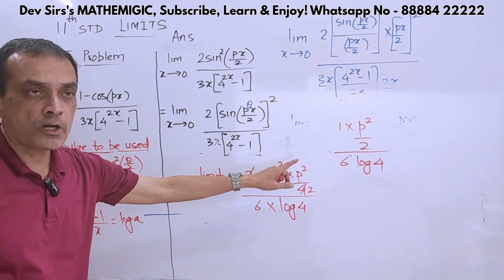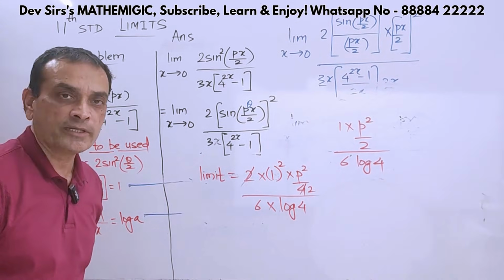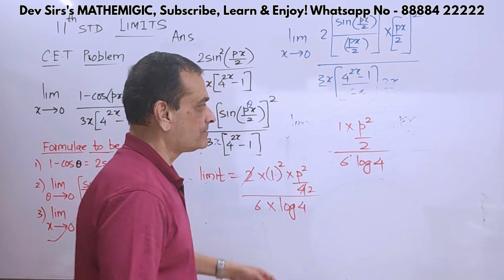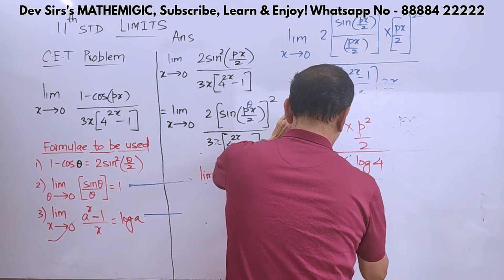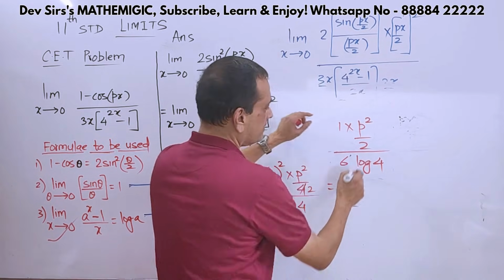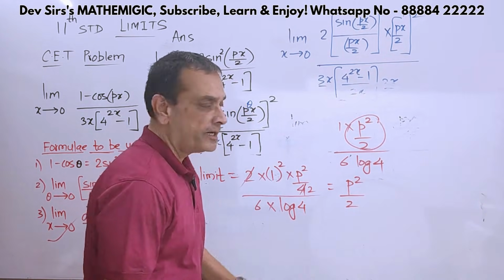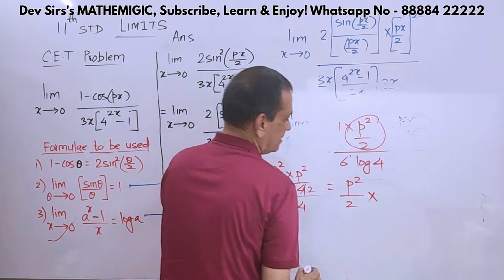In the CET paper, this option was not there. So how do you convert this? Basic formula: numerator, this is our numerator, into reciprocal of denominator.